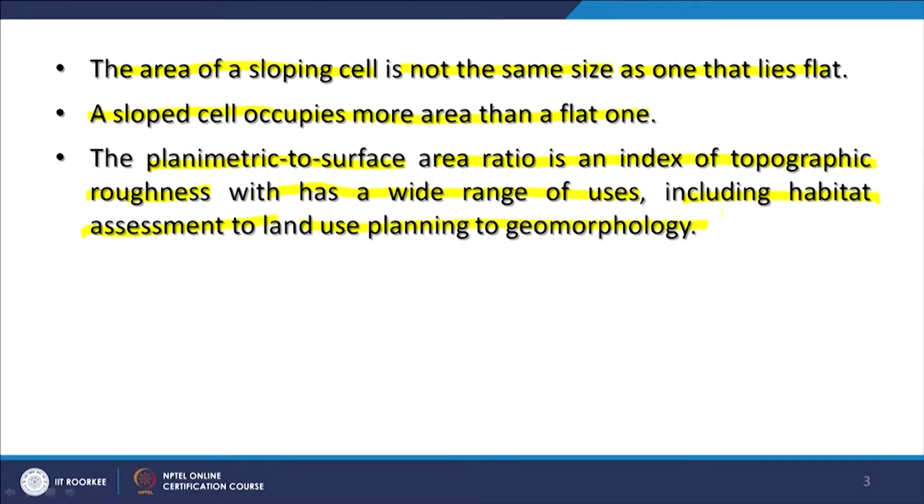In recent years, the maximum beneficiary of digital elevation models and GIS platforms is geomorphology, and a new branch of geomorphology has emerged which is called quantitative geomorphology, and this is playing a very important role.